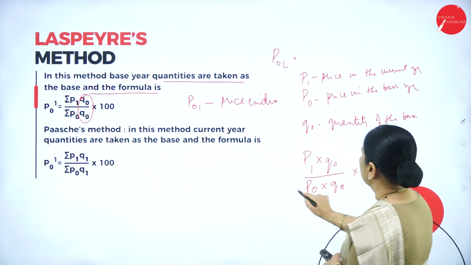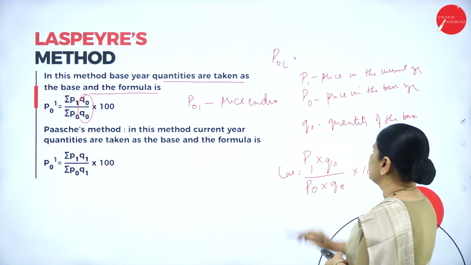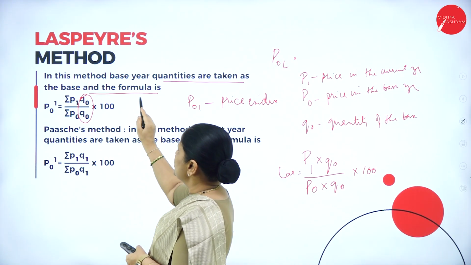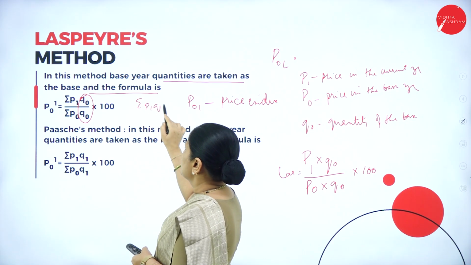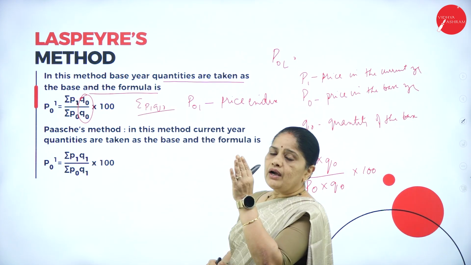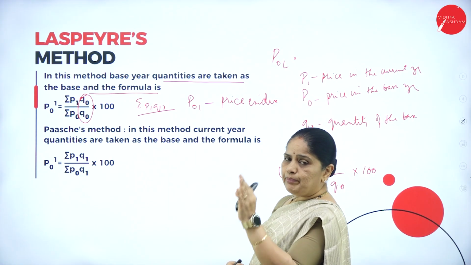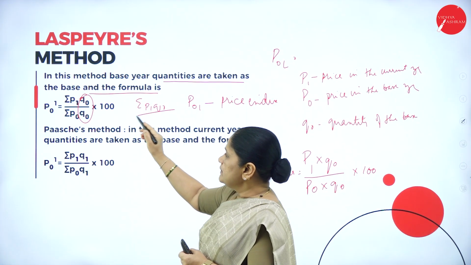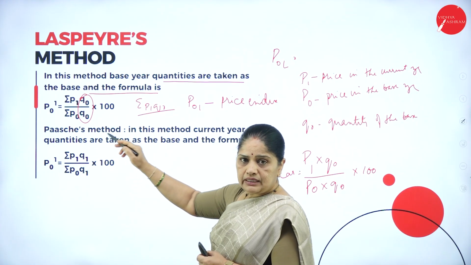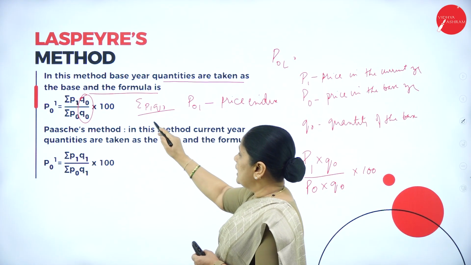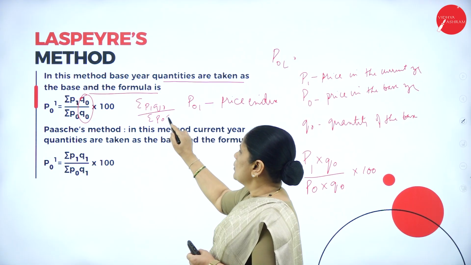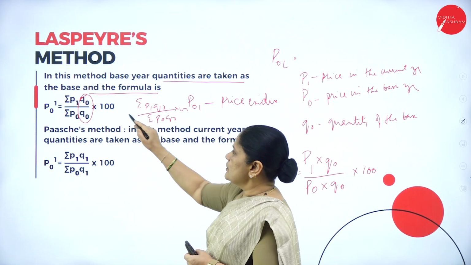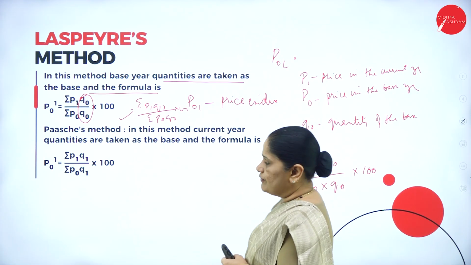So this is the formula for Laspeyres' method. In other words, summation P1Q0, that is, if there are 5 quantities, all the quantities into the price of the current year. Whatever we get in that column is divided by the summation P0Q0 of the base year, into 100. So when we do that, we get this formula.